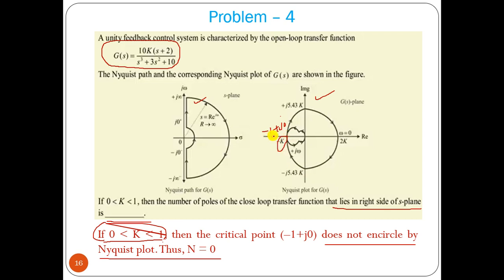If this is your minus 1, outside the plot, taking the modulus, 1 is greater than k, or this is the point where k is less than 1. So this is outside. For this range, the minus 1 plus j0 critical point does not get encircled by the Nyquist plot. So N equal to 0.